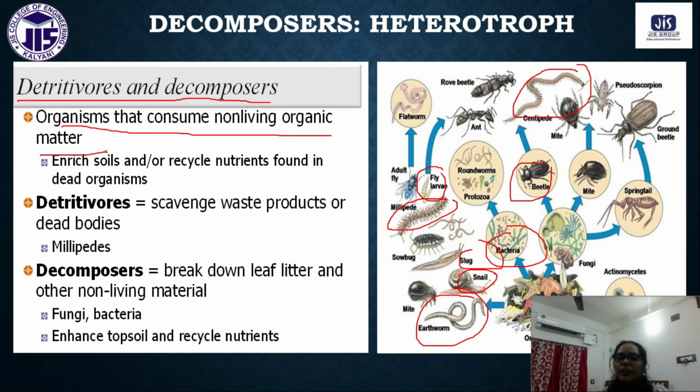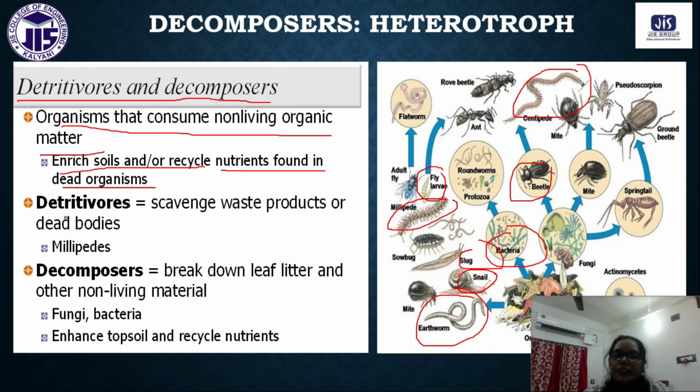These organisms, decomposers, mainly feed on dead bodies. Dead non-living organic matter enriches soil or recycles nutrients found in dead organisms. As they decompose the organic waste, they recycle the nutrients.